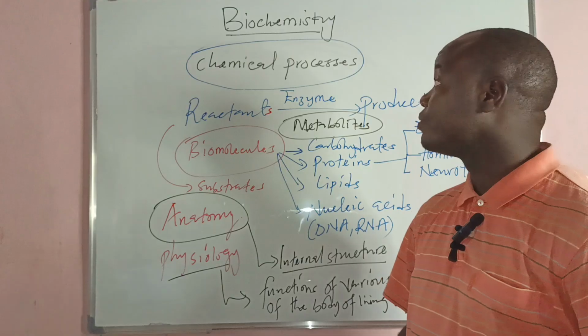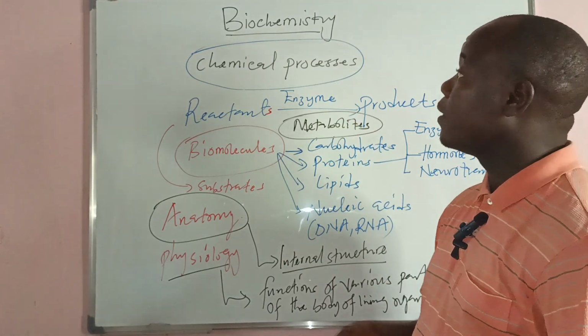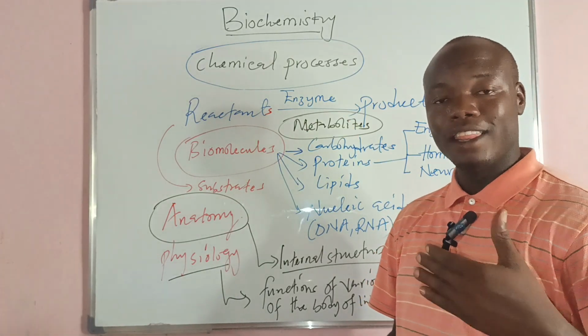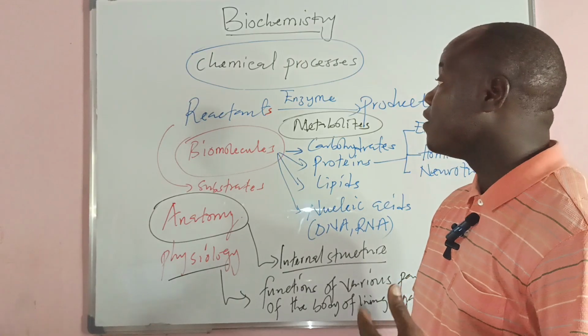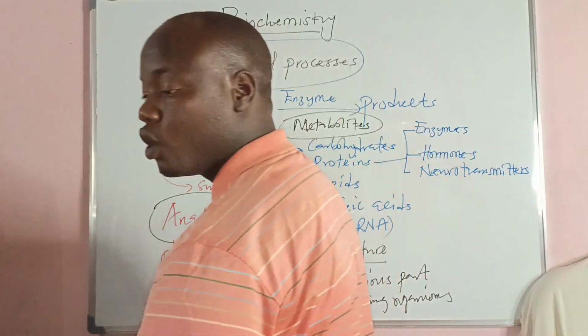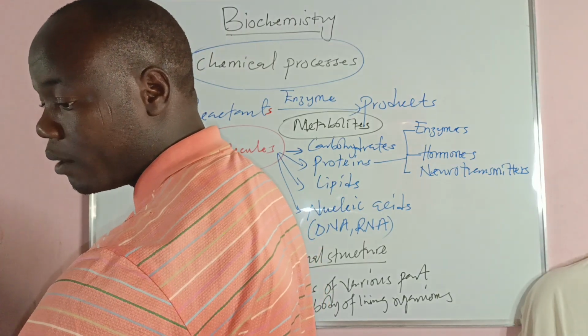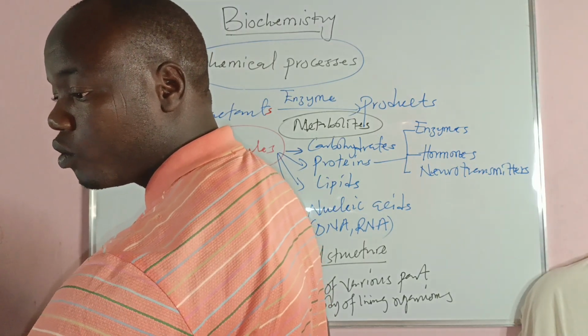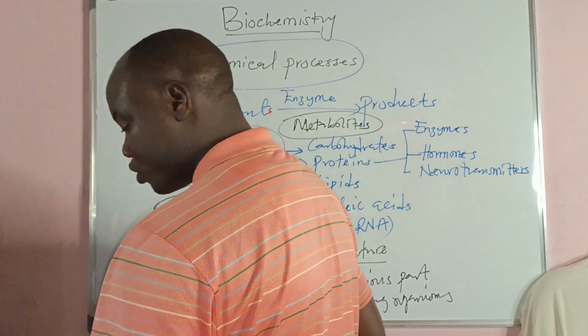Then, apart from this introduction to biochemistry, the next thing we are going to look at is the different branches of biochemistry, without wasting much of our time. So now, what are the branches of biochemistry?